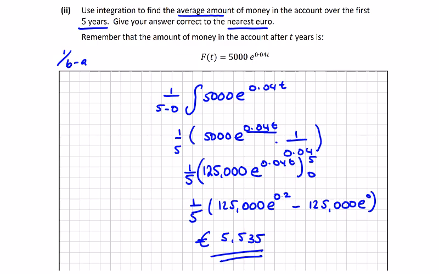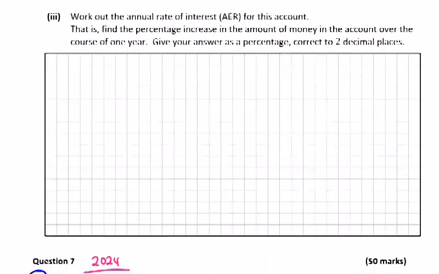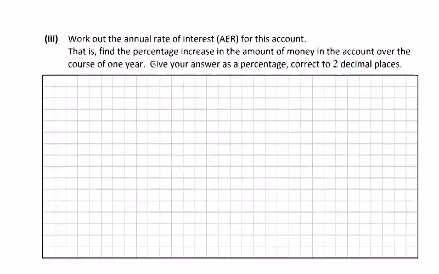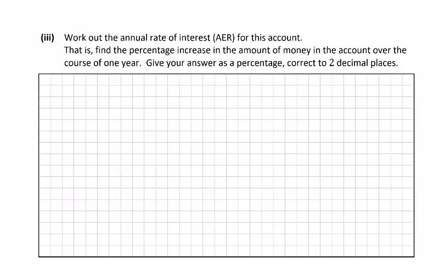For part 3, the annual rate of interest for this account. So that is the percentage increase in the amount of money in the account over the course of 1 year. Well, if we take t is equal to 0 and t is equal to 1, f of 0 is equal to 5,000 e to the power of 0, which is 5,000.